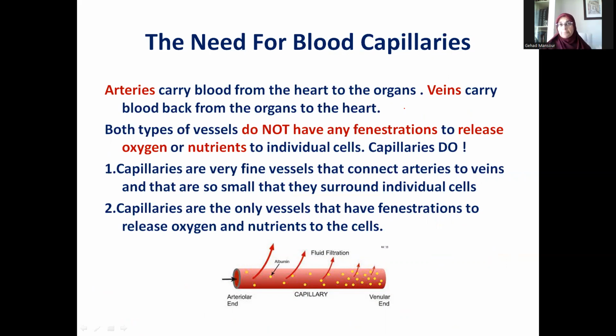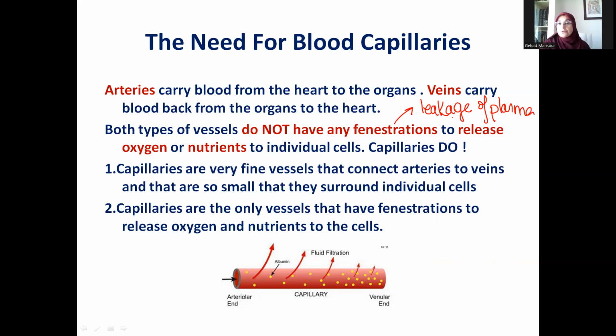And we have just said that the only type of blood vessels that have fenestrations and that allow plasma to leak, of course it is a controlled leakage of plasma, are the capillaries. This plasma that leaks outside the fenestrations of the blood capillaries to the cells is not empty plasma, but it is plasma where there is a lot of oxygen and nutrients dissolved.